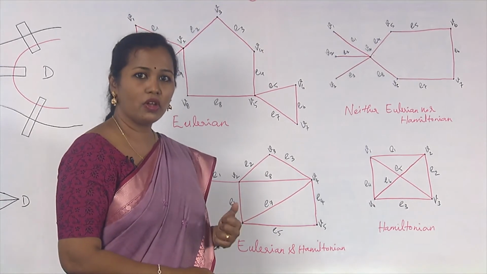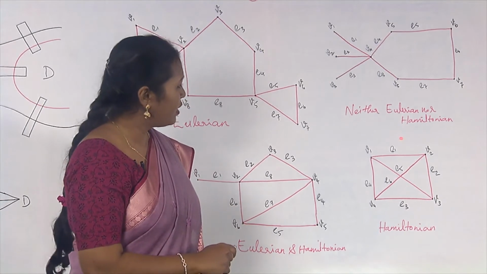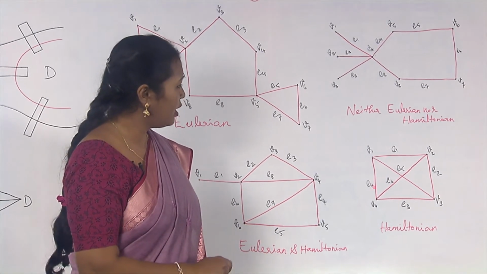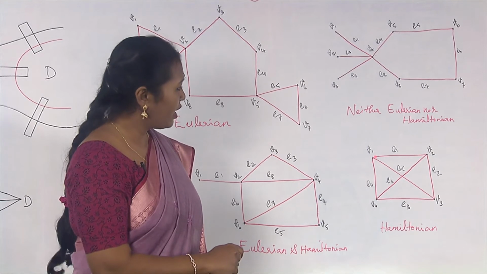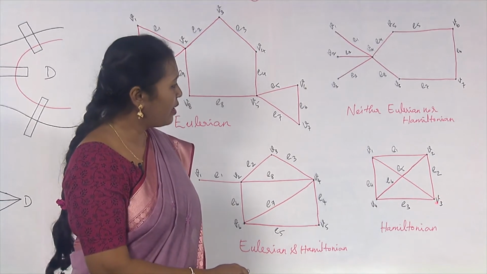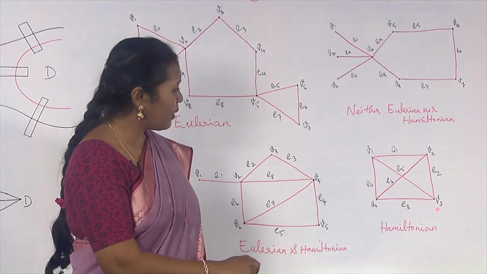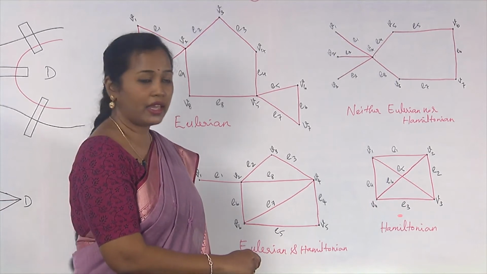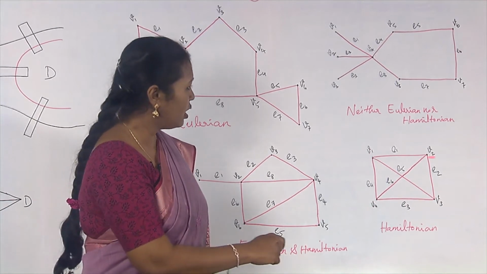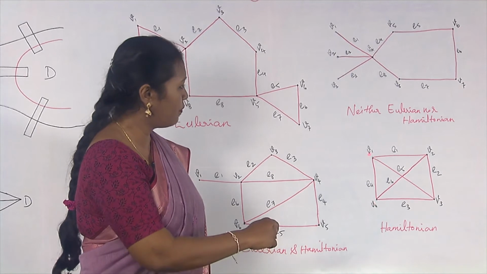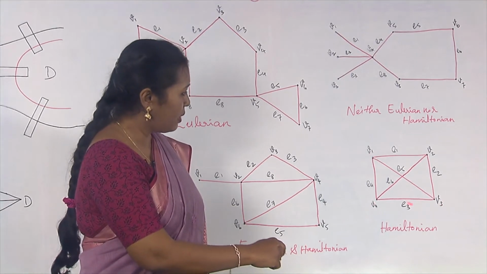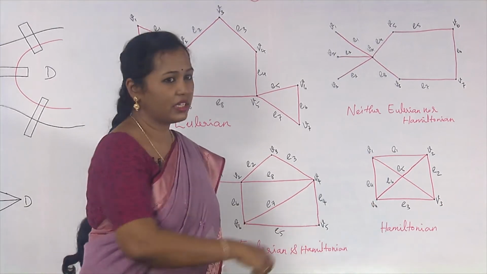But let us check for the Eulerian circuit. You have E1, E2, E3, E4, so far good. Then I go to E5, but then if I have to cover E6, I will have to repeat the edge E3 again. So, I will have to go E1, E2, E3, E4, E5, repeat E3 again, and only then can I cover E6.